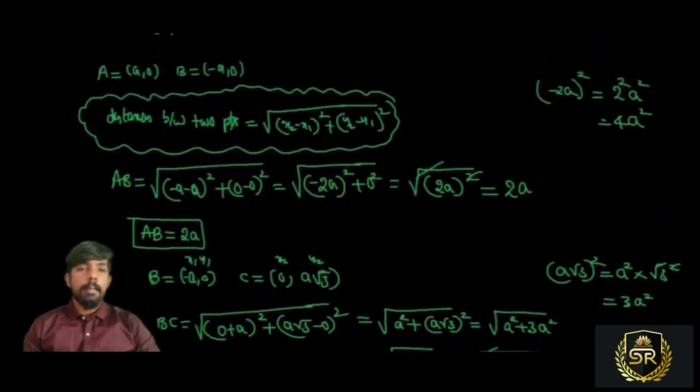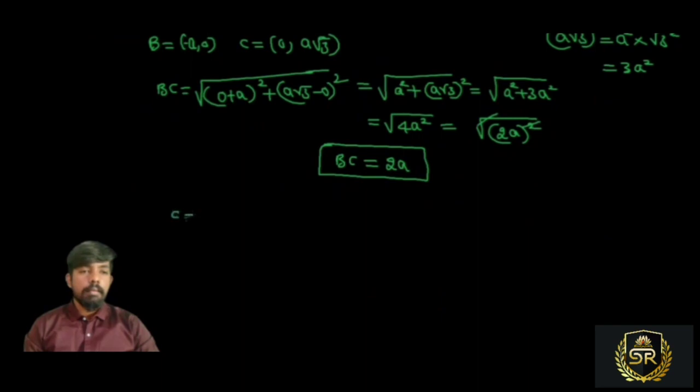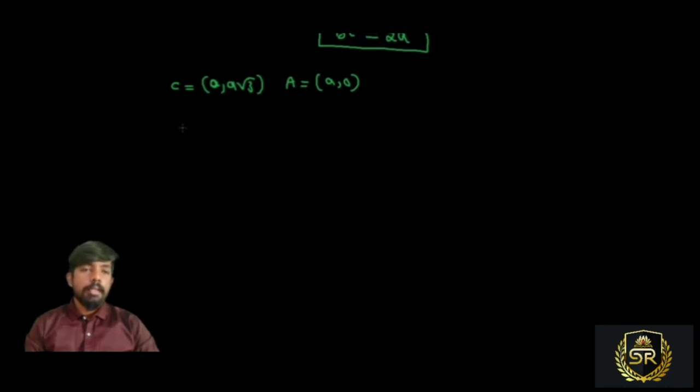Next, CA distance. C point is (0, a root 3), and A point is (a, 0). AC is equal to root over (x2 minus x1) whole square, this is x1, y1, this is x2, y2. So x2 minus x1 is a minus 0 whole square, plus (y2 minus y1), 0 minus a root 3 whole square.